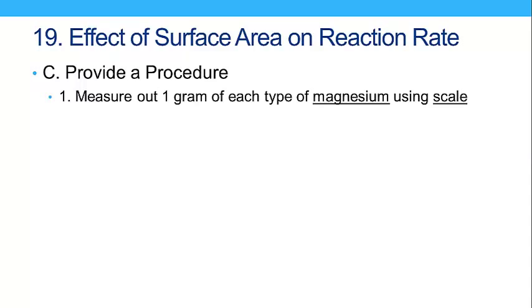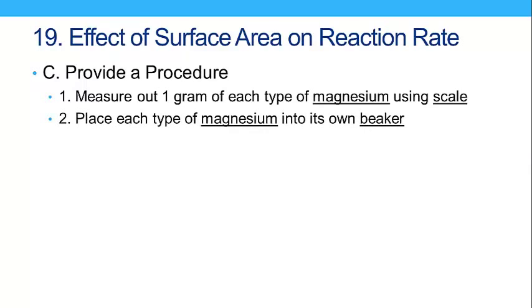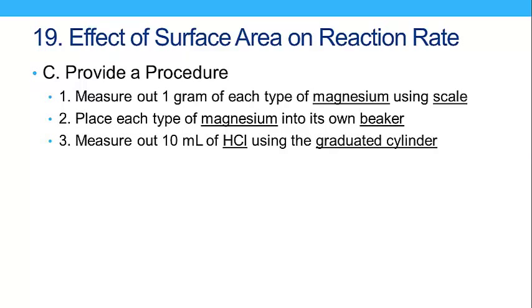So by controlling the mass, I'm able to compare the reaction time of each type of magnesium. Next, we need to place the different types of magnesium into their own beaker and measure out 10 milliliters of hydrochloric acid using the graduated cylinder. So again, obviously if one of them gets more acid, it's going to have a faster rate of reaction. So I also want to have a constant for the amount of acid.